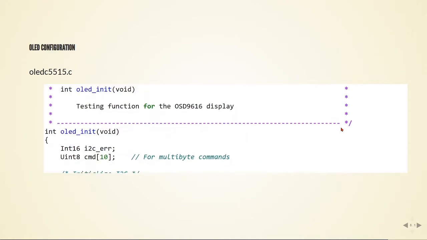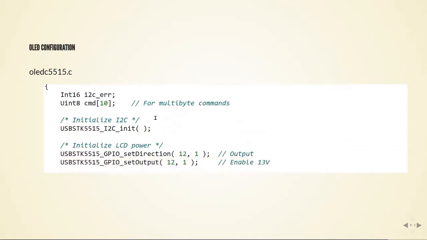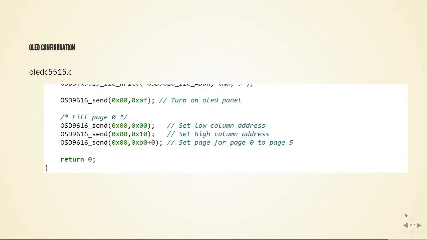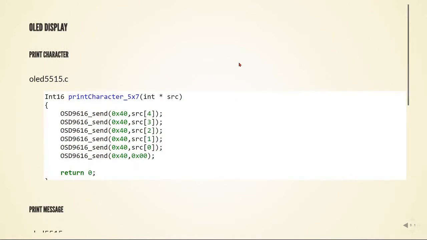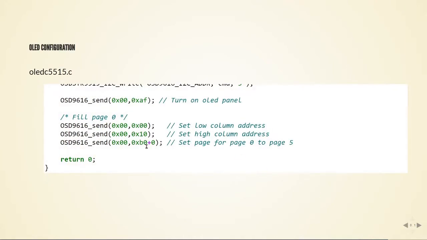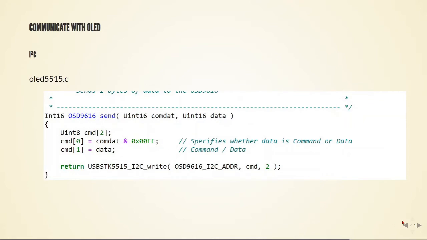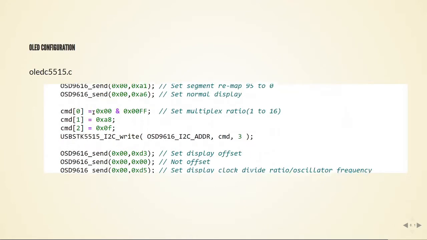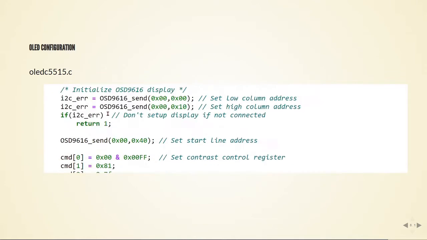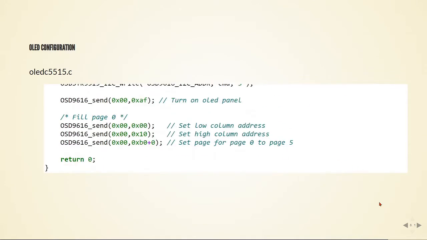So this is the initialization of the OLED. Now we have a function to send commands to the OLED. We've seen this before. This is based on the I2C. We use this a lot to configure the OLED.